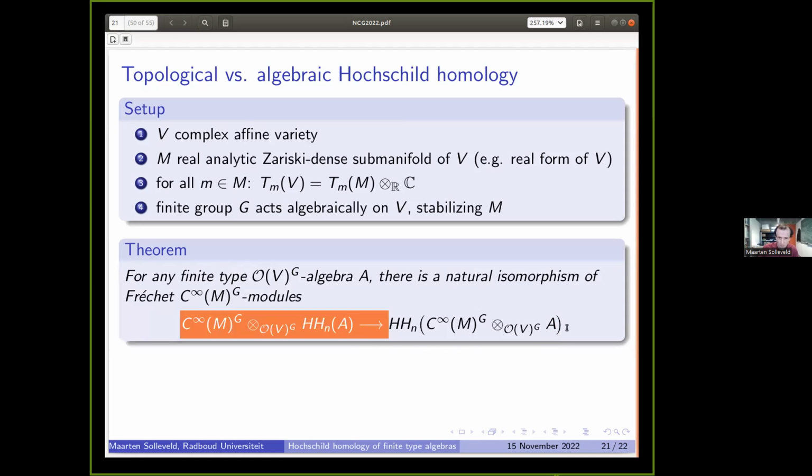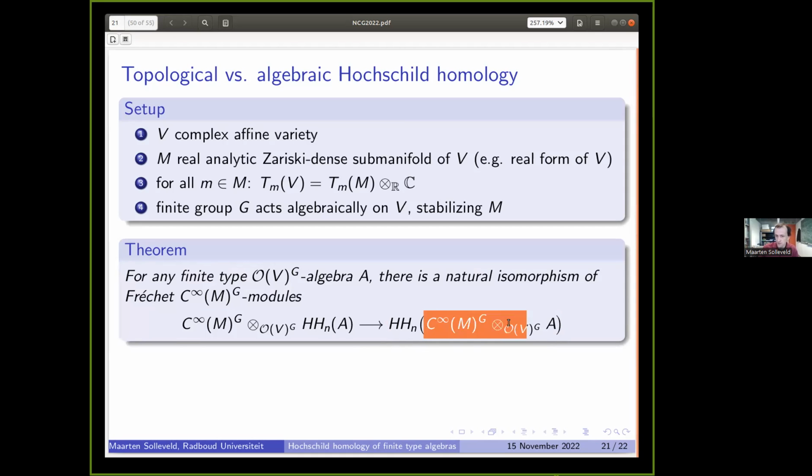In the topological sense, we need to take the topology into account, to take topological tensor products and also split exact sequences, which are split as sequences of Fréchet spaces. But then it really works out nicely, and you get this nice comparison result.